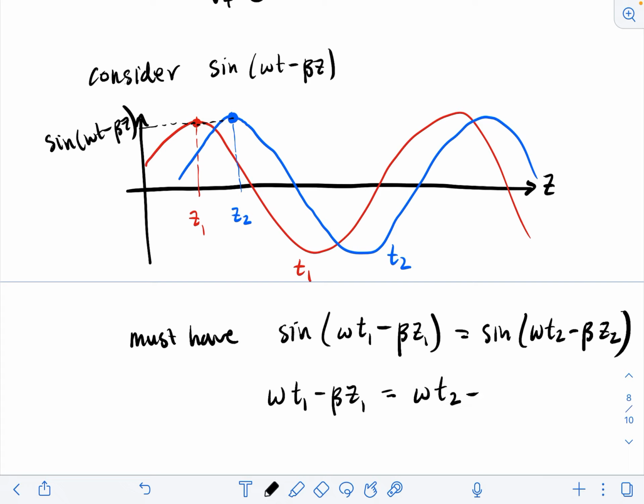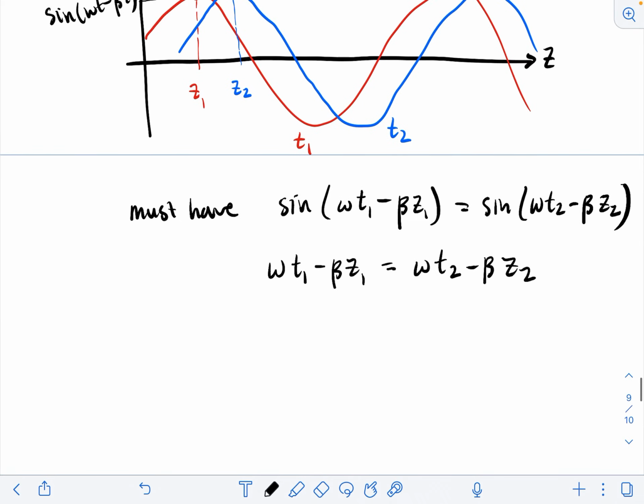Okay, so let's do some rearranging. Let's collect omega terms. If we have omega times t2 minus t1 on one side of the equation, then on the other side we'll have beta times z2 minus z1.